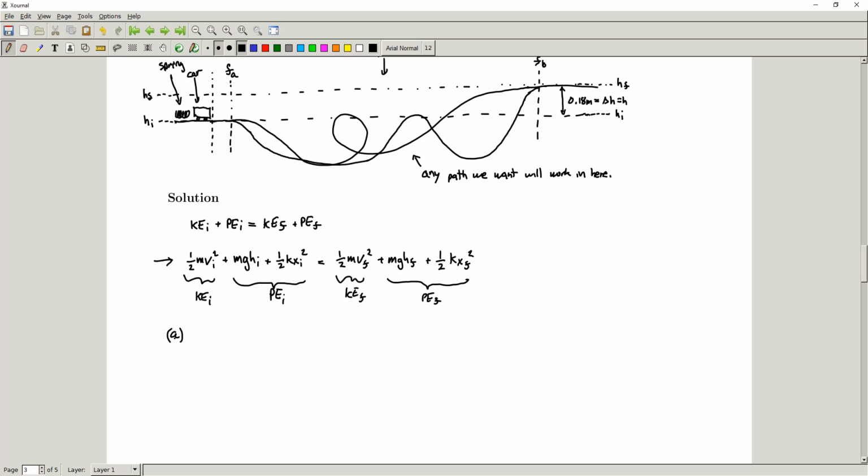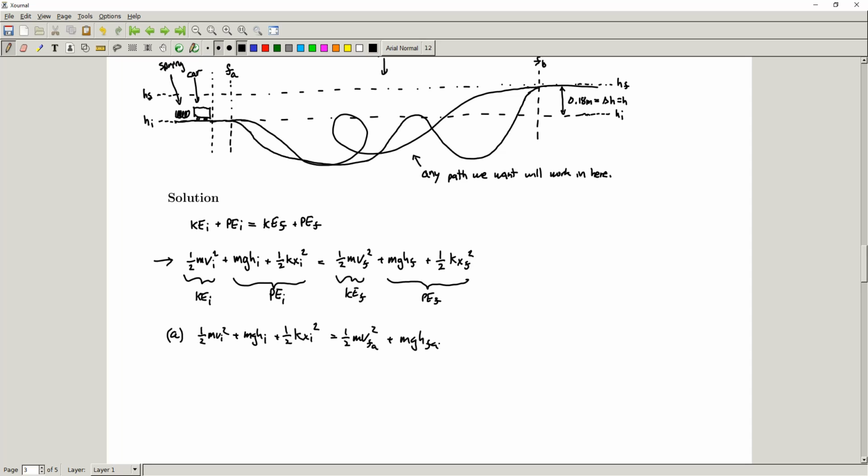In part A, I'm just going to start off by copying down the equation that we have again. And in part A, our final point is this final point FA, right? So I'm just going to change all the subscripts to FA. Here you see I changed the F to an FA here.